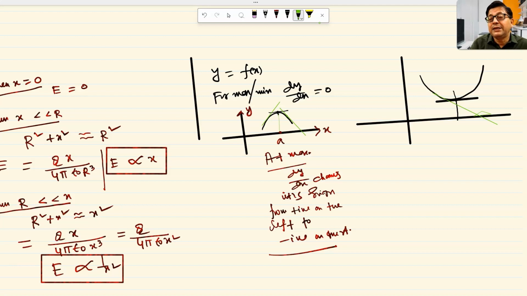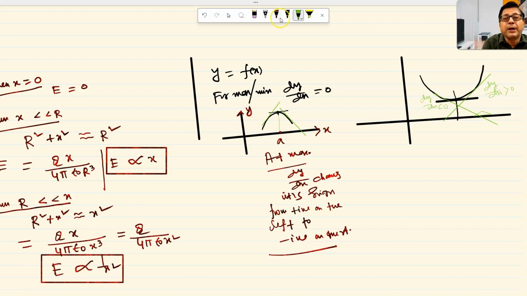So dy by dx here is negative, dy by dx less than 0, just before that point. And after this point, dy by dx is greater than 0.